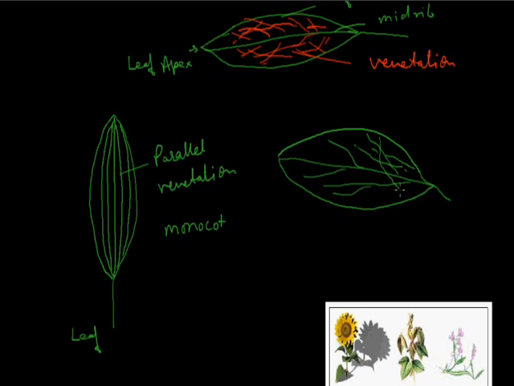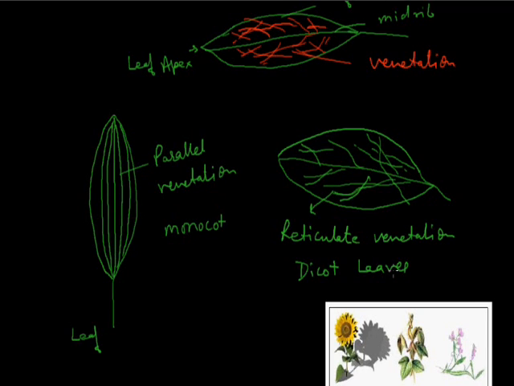So this is known as the reticulate venation. Here the vessels form a network-like structure, so we call it reticulate venation. It is found in the dicot leaves.